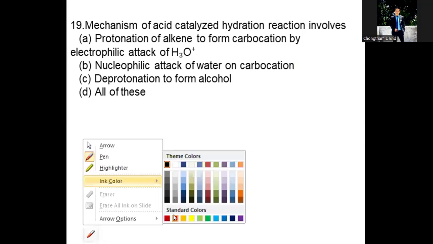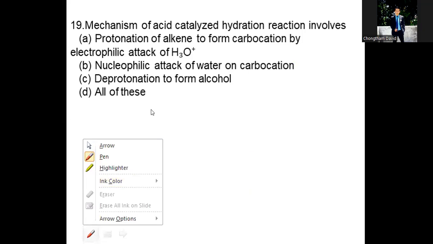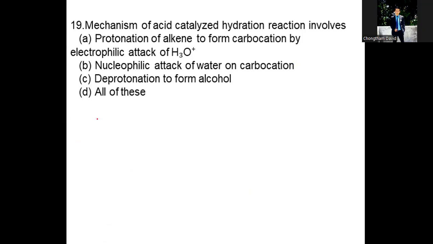Now let us say hydration of alkenes. When protonation of alkene takes place, it forms carbocation, by the electrophilic attack of hydronium ion, which can be generated by addition of acid to water. It gives your hydronium ion.